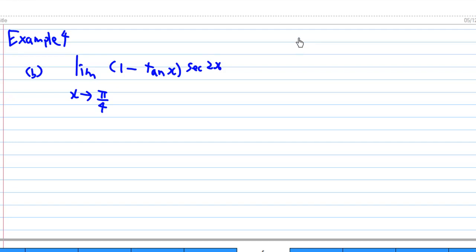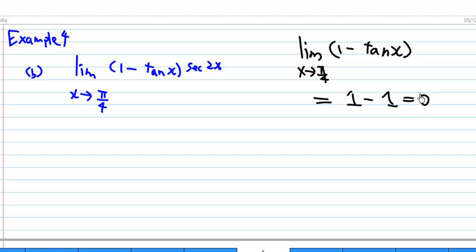This is because when you look at the limit of 1 minus tangent x as x goes to pi over 4, tangent x approaches 1, and you get 0. On the other hand, as x approaches pi over 4, secant 2x is the same as 1 over cosine 2x.